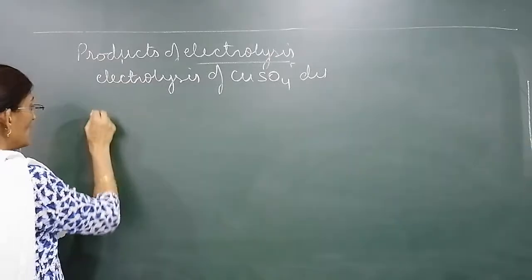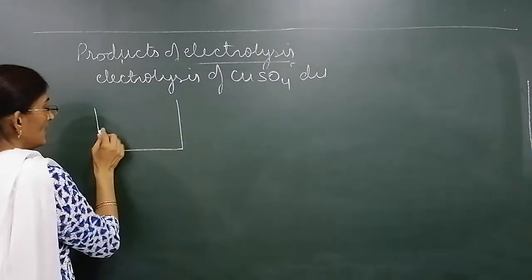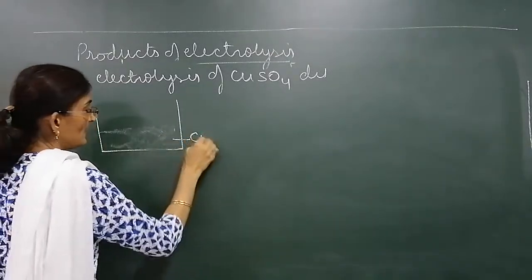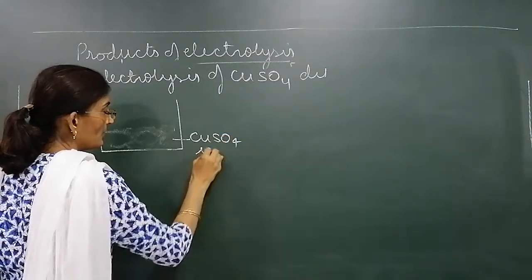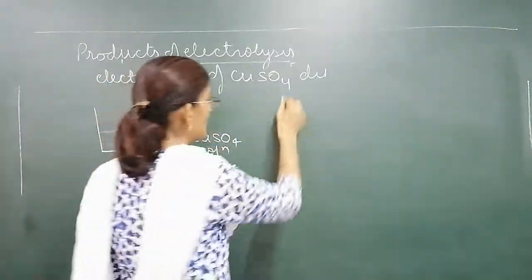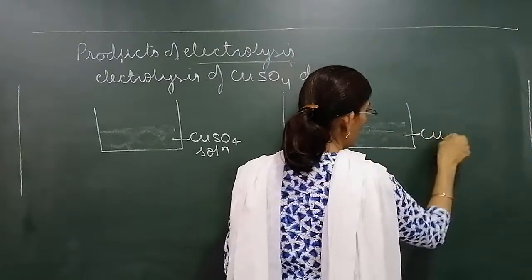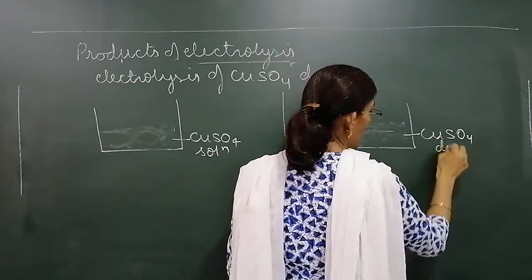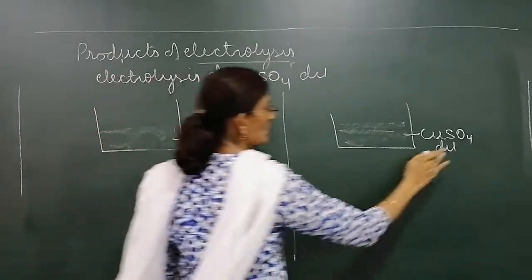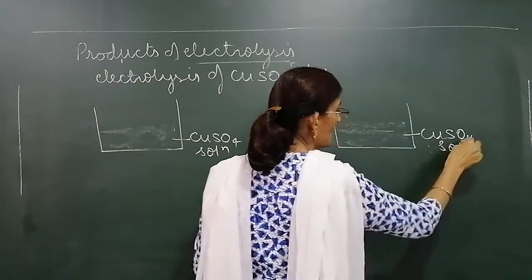Two conditions are there. Here we take copper sulfate solution, blue color. In the second case also we use copper sulfate solution of blue color, same concentration, dilute aqueous solution.